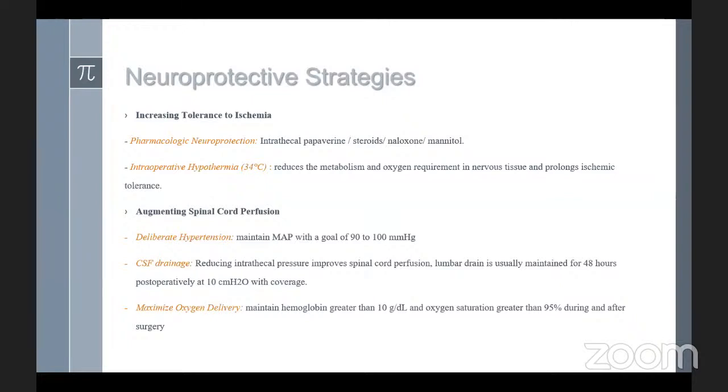Augmentation of the spinal cord perfusion, we maintain a mean blood pressure from 90 to 100, and CSF drainage to decrease intrathecal pressure. Then last thing, to maximize the oxygen delivery and keep the hemoglobin more than 10 milligram per deciliter, and the oxygen saturation more than 95.